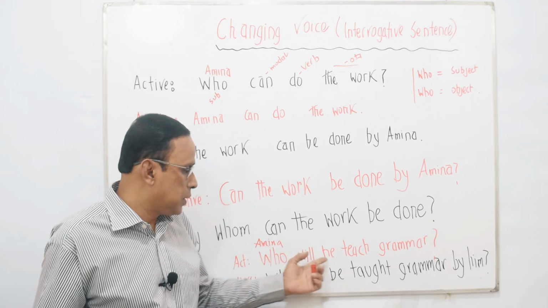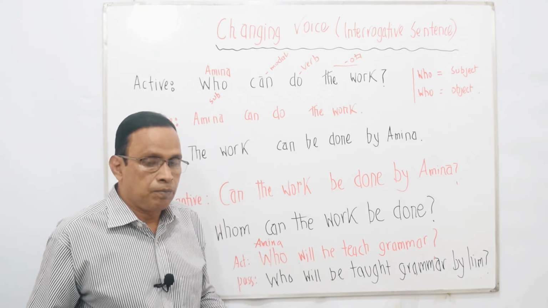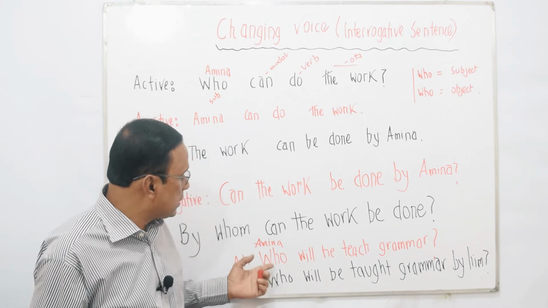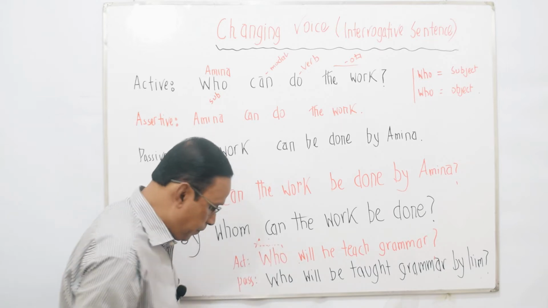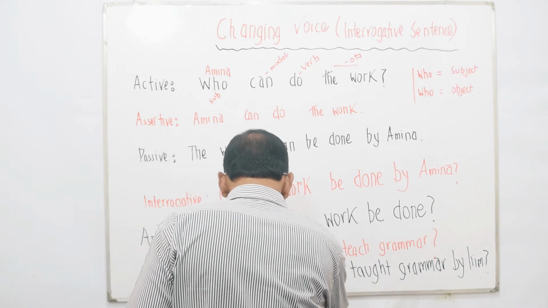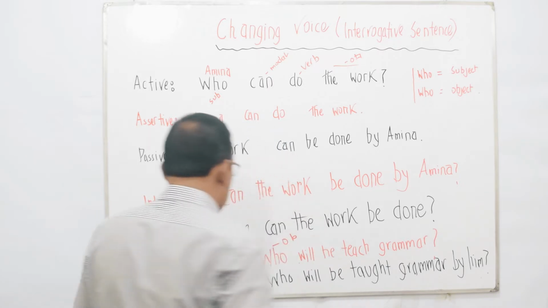Amina will he. It does not make any sense. So in this sentence, who is not a subject, it is an object here. Okay, let me write down here, object.